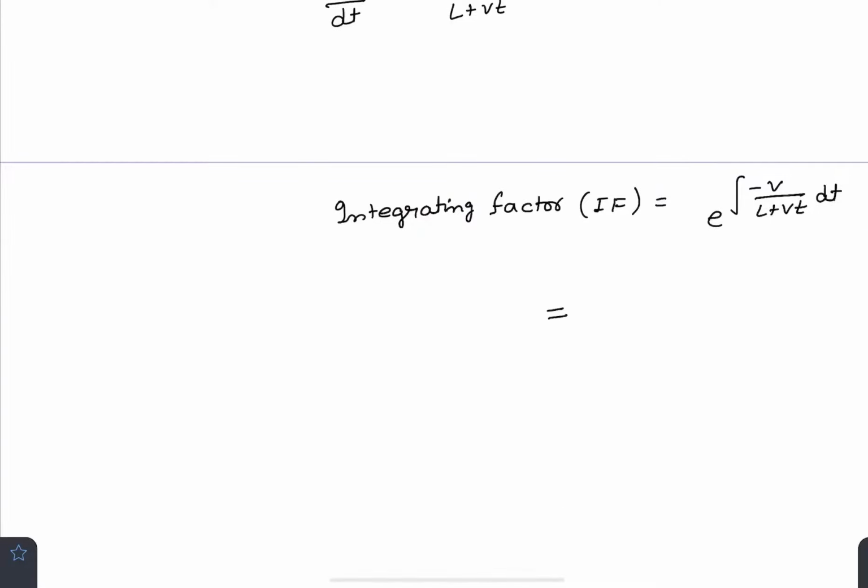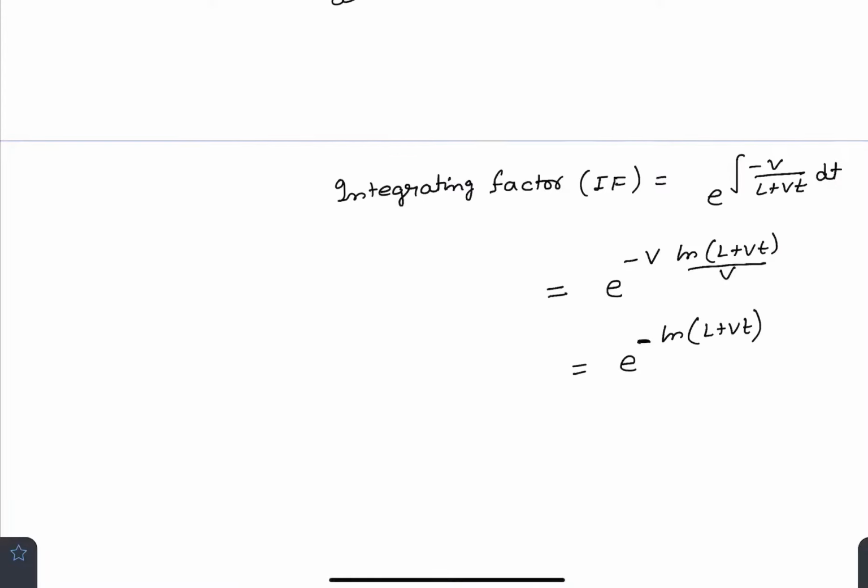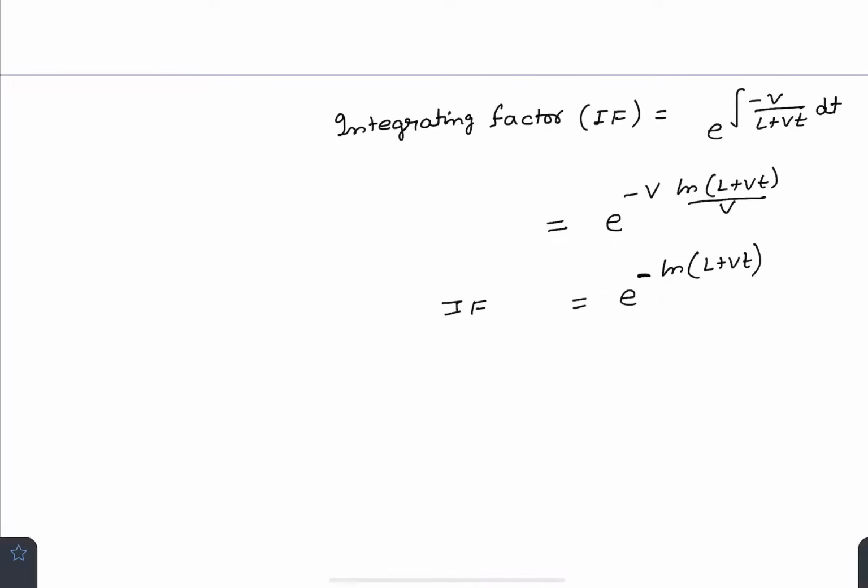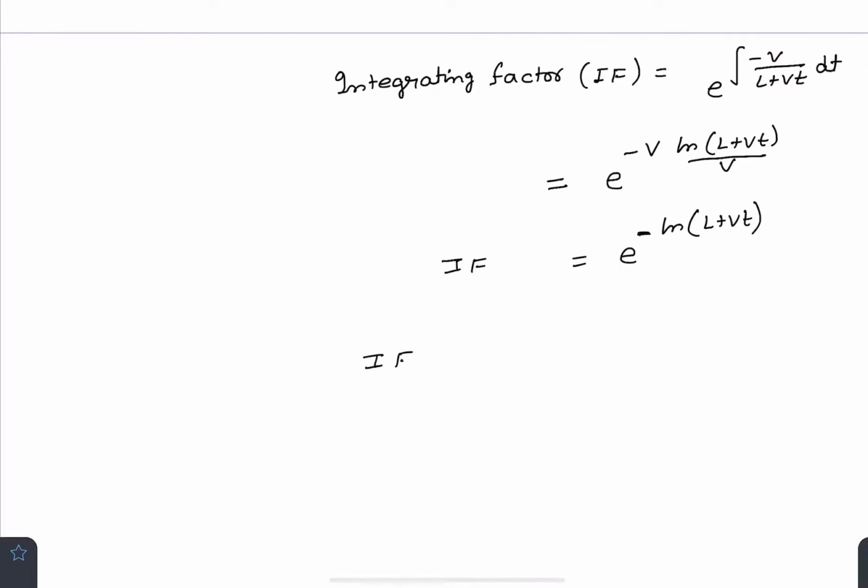So let's do this. If you integrate it, you'll get e raised to minus v times the integral of 1 upon L plus Vt dt, which would be ln of L plus Vt upon v. So this is e raised to minus ln L plus Vt. This is the value of IF, or you can write IF as e raised to ln 1 upon L plus Vt.